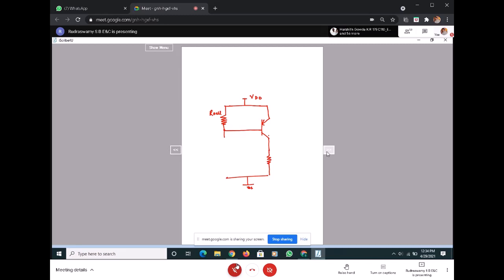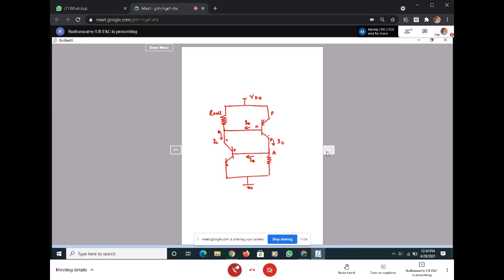This is N, P, N. We label this as A, this as B. This is P, N, P. This is N, P, and N. And the base current here and collector current. This is IB. This is the emitter. This is my IC.